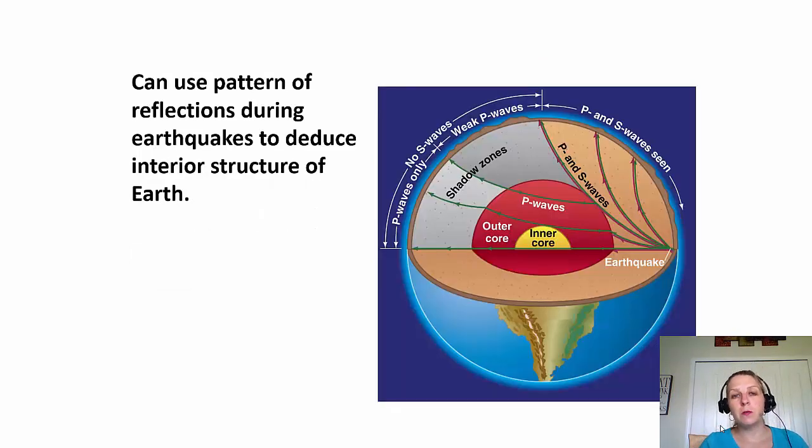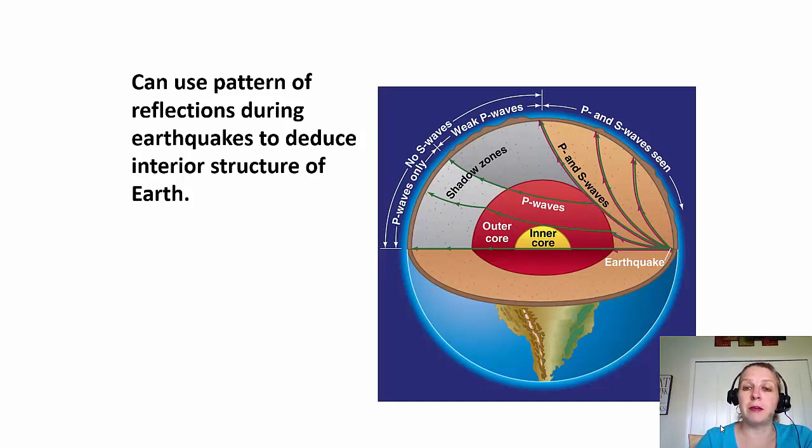All right, so we can use the fact that the speeds change depending on the density, and that there's P waves which go through anything, and S waves that can only go through solids, to figure out what's inside our Earth. So if an earthquake happens, then the P waves can travel in all directions throughout the entire Earth through anything.